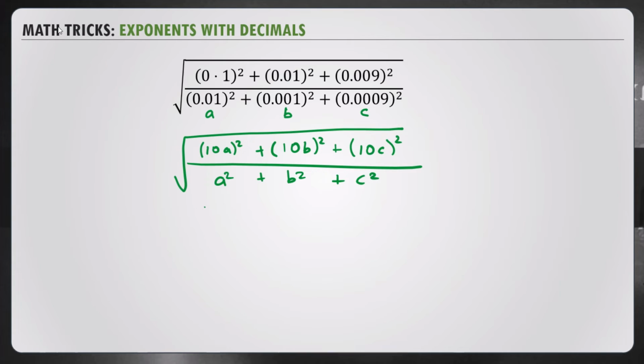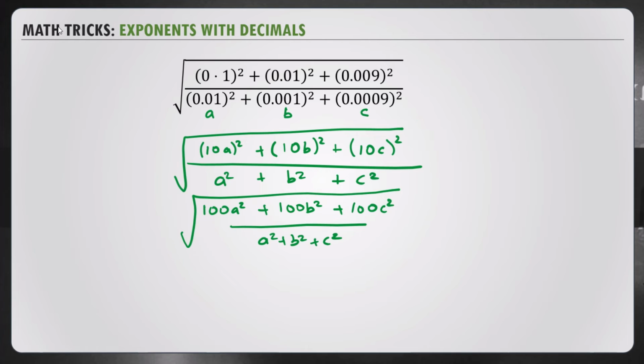So let's expand it and we get 100A squared plus 100B squared plus 100C squared over A squared plus B squared plus C squared, the square root of the whole thing. 100 is common, so let's take it out and we get 100 into A squared plus B squared plus C squared over A squared plus B squared plus C squared.